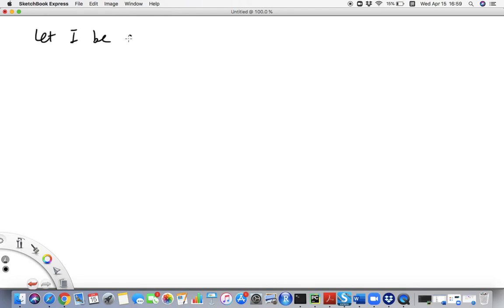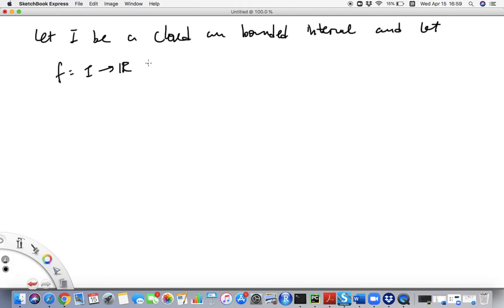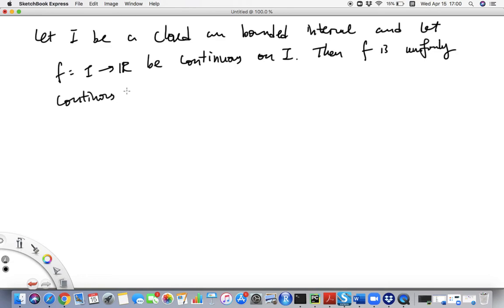Let I be a closed and bounded interval, and let f from I to R be continuous on I. Then f is uniformly continuous on I. So in other words, a continuous function on a closed and bounded interval is uniformly continuous.